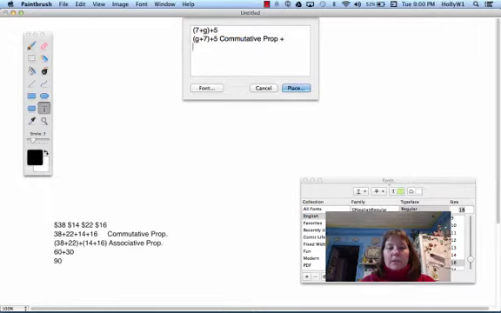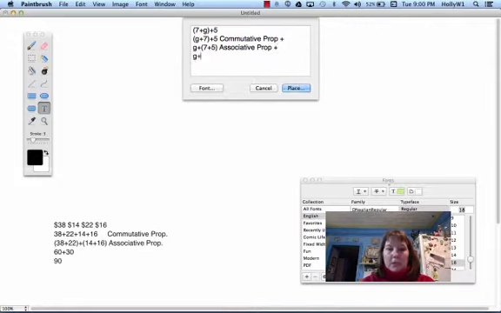All right, so now let's take g, and we're going to add it to 7 plus 5. We're going to put those in parentheses. Well, we know that that is true because of the associative property under addition.